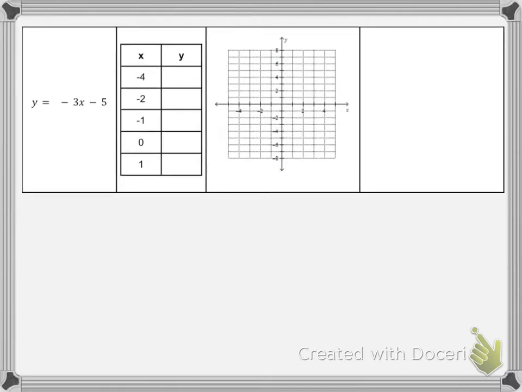This last one, I see multiple transformations in this particular function, okay? And I'm going to show you each one that I see. So I see that we're subtracting 5 from x. I see that we have x being multiplied by 3, and I see that we have a negative right here.